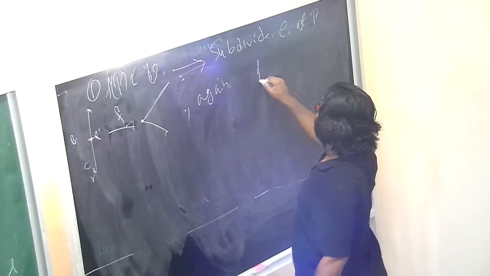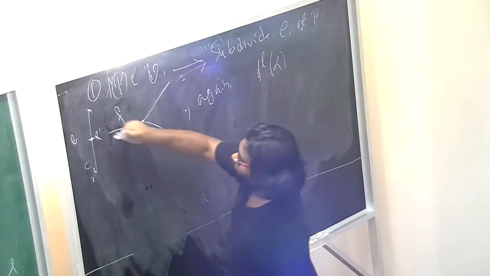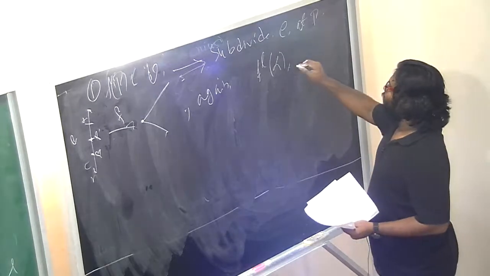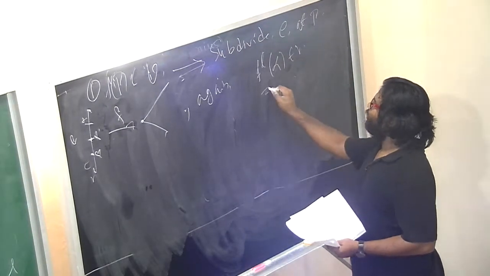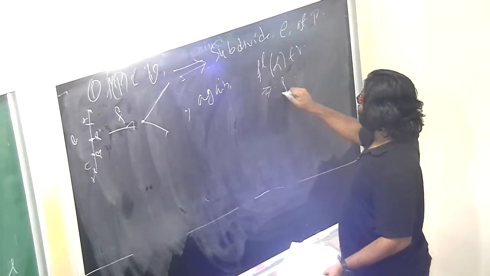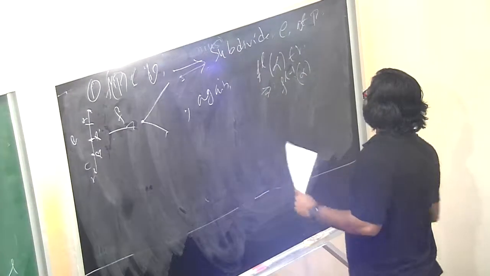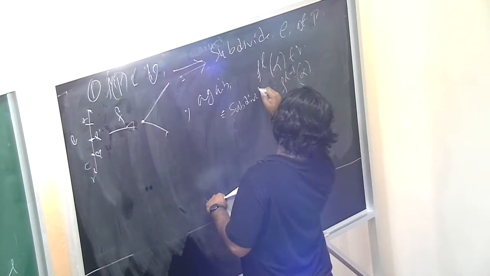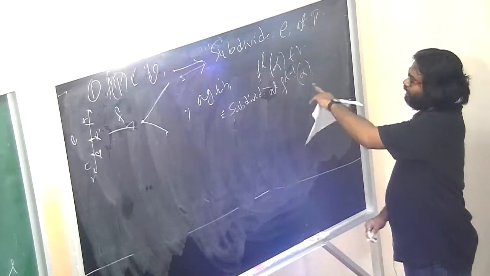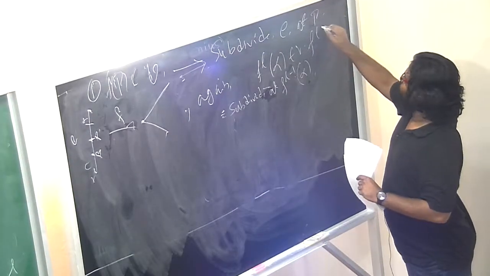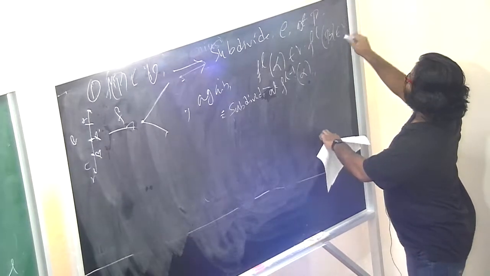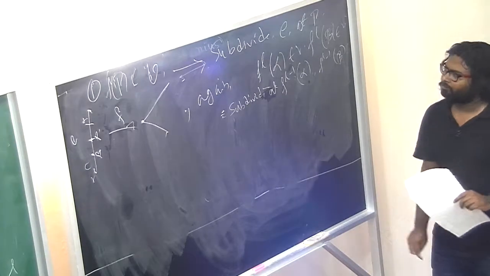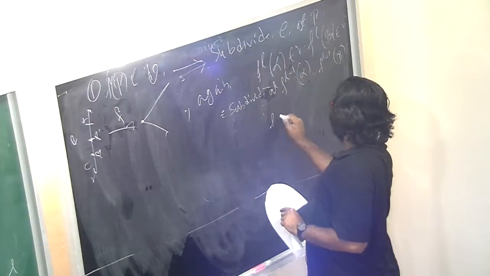I know that f to the power L of alpha, suppose this is my alpha and this is my beta, belongs to V. That implies I can subdivide at f to the L minus 1 of alpha, and similarly at f to the L minus 1 of beta. Similarly, just subdivide at all of them.